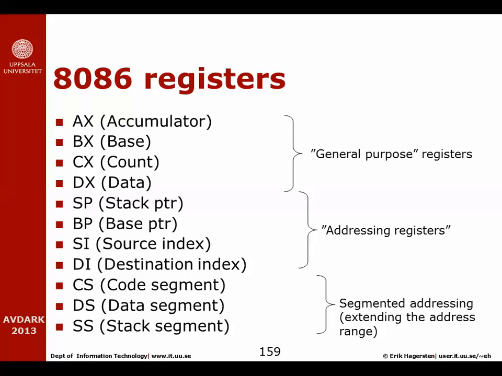Then you could use these segmented address registers to offset your virtual address space into the large physical address space. So not very many general purpose registers and quite a lot of different addressing modes supported by special addressing registers.